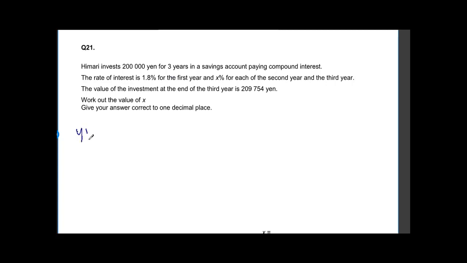So go year 1, she has A equals 200,000 times 1 plus percentage 1.8 over 100 to the power of 1, because it's only for 1 year.